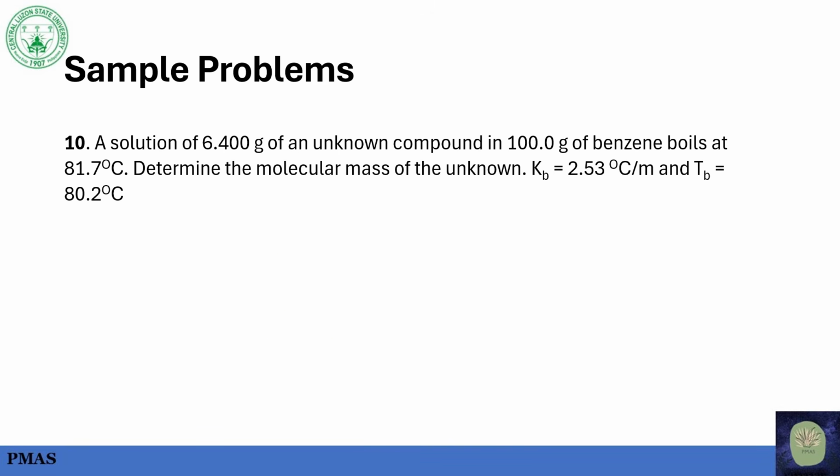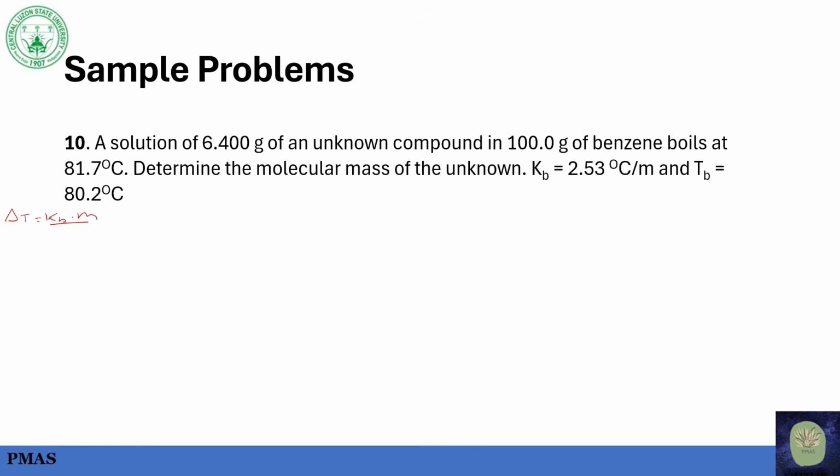Next, a solution of 6.4 grams of an unknown compound in 100 grams benzene boils at 81.7 degrees Celsius. Then determine the molecular mass of the compound. We are given a boiling constant of 2.53 degrees Celsius per molal and the boiling temperature of the solvent, which is benzene, at 80.2 degrees Celsius, meaning we are dealing with boiling point elevation, with the formula: the change in temperature is equal to Kb, which is a constant, multiplied by the molality.